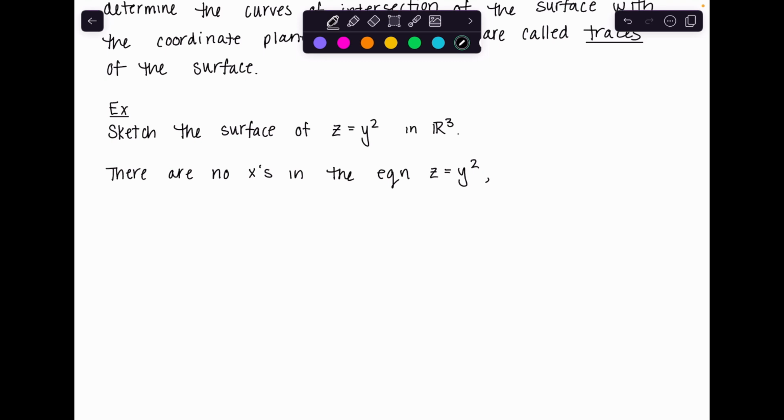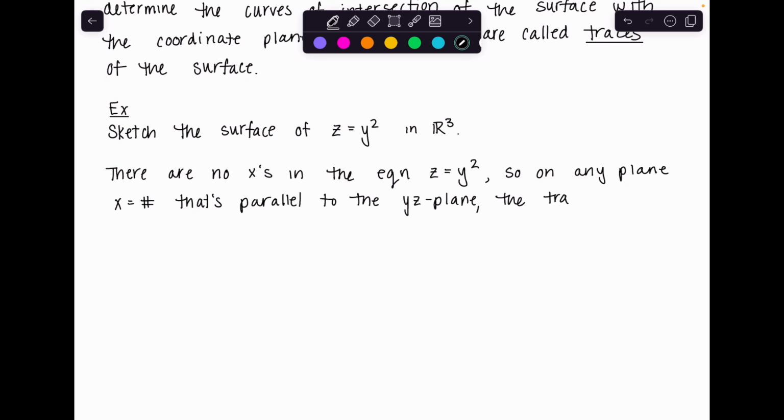So really what that means is that on any plane where x is equal to some constant or a number, that's parallel to the YZ plane, the trace on that would be a parabola.